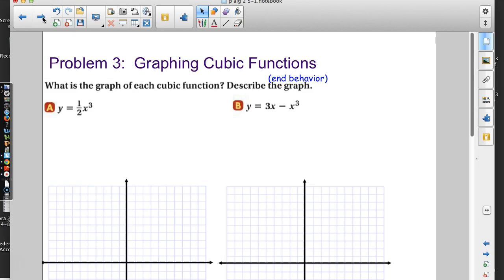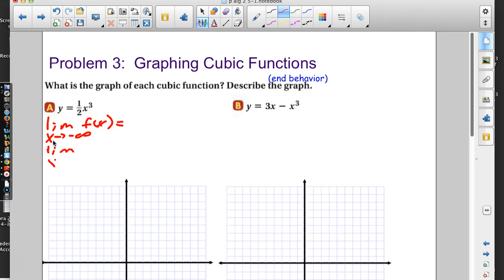Limit as x approaches negative infinity, f of x equals, limit as x approaches infinity, f of x equals, and I look at it and well, it's degree 3, pretty obviously it's going to be an S curve, but there's no negative in front of it, so it's going to be a normal looking snake-like curve.